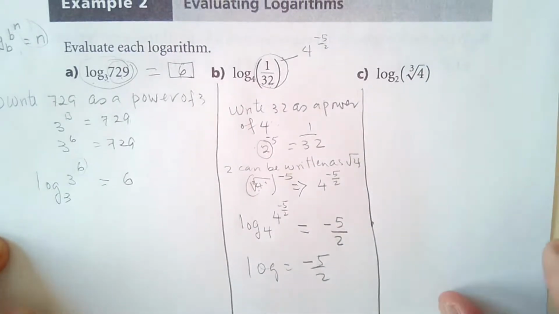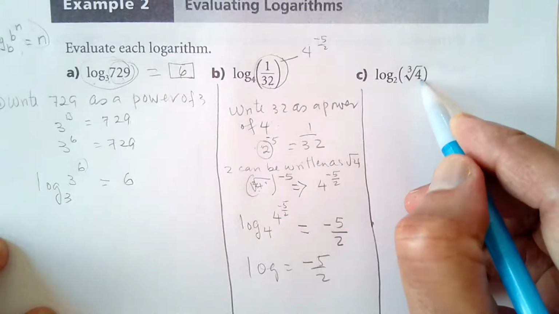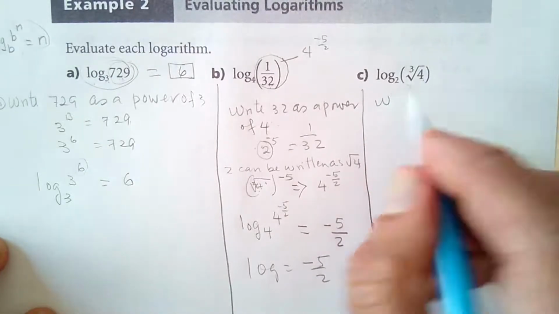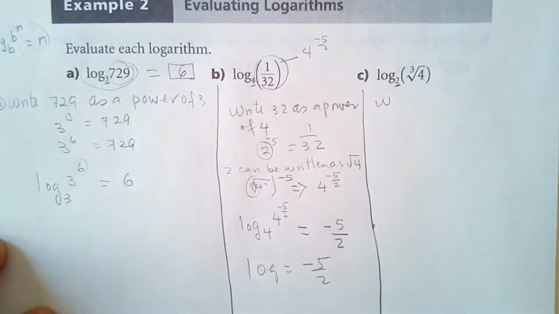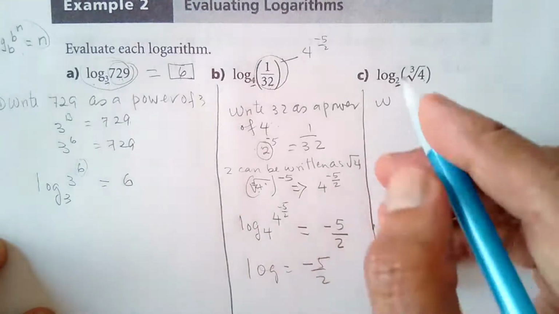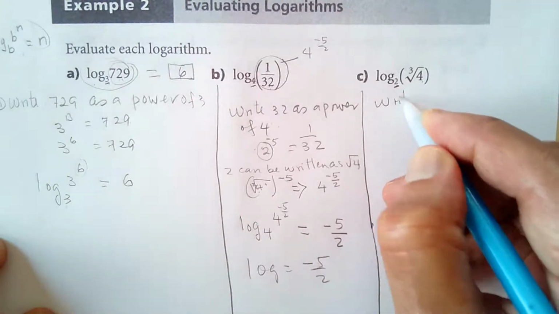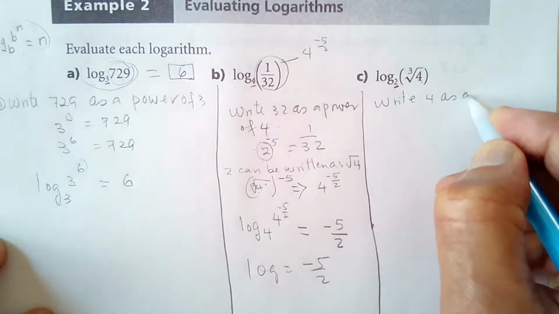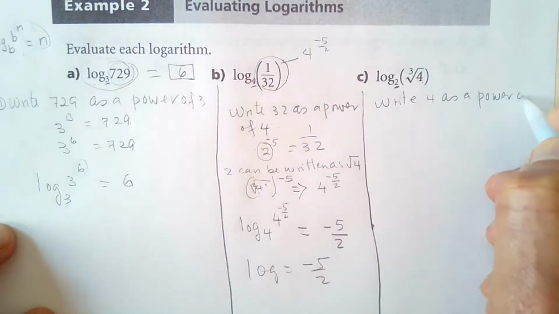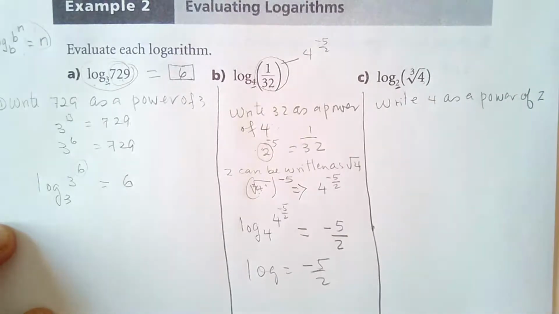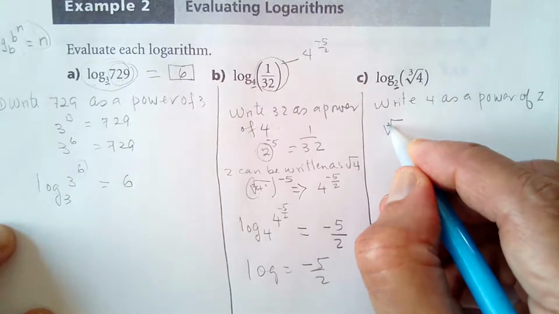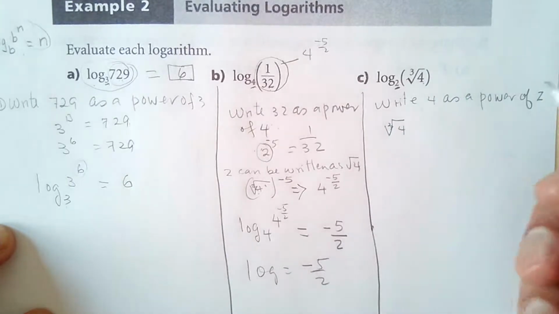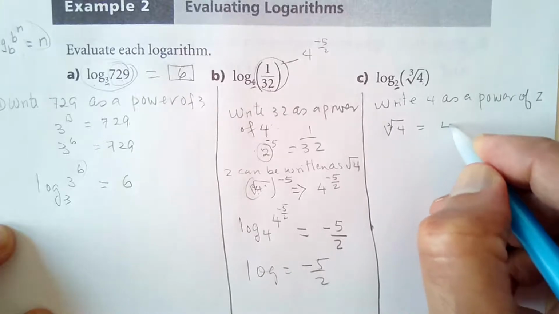The last one, now we need to write this as a power of 2. So look at your base. That will tell you what you have to change to write it as a power of. So you need to write 4 as a power of 2. So we have the cube root of 4, which is equal to 4 to the 1/3.